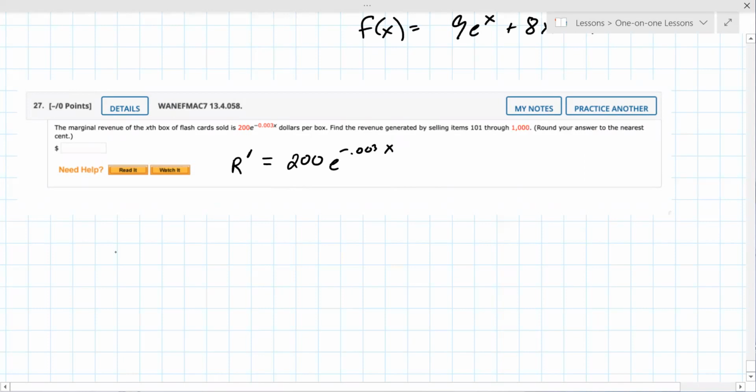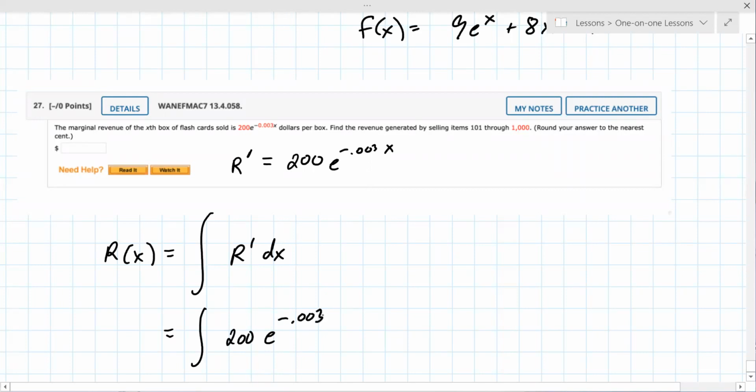Okay, so to find the revenue function, you have to integrate R prime, which means you're going to integrate 200e to the minus 0.003x dx. Now this one is a definite integral because they want to know what's going on from the 101st box to the 1000th box.